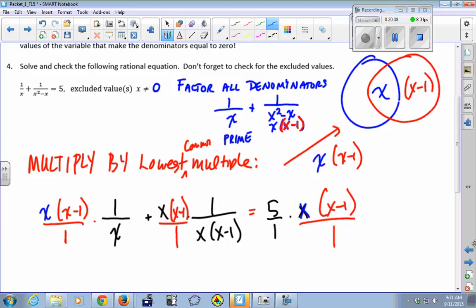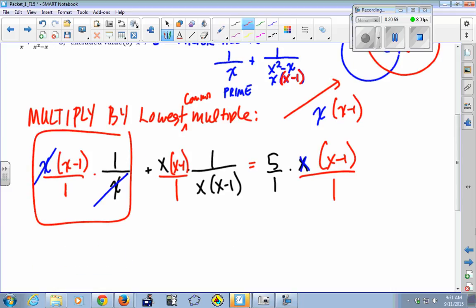Okay, so here's the really powerful part. The powerful part comes right now, where each of these denominators will be a common factor with that multiple, because you've created it that way. You're like master manipulator right now. You've manipulated this equation to get rid of those denominators and make them all 1. So all you're left with in this very first term, when you do all that multiplication, is just x minus 1. That's it. Cool.